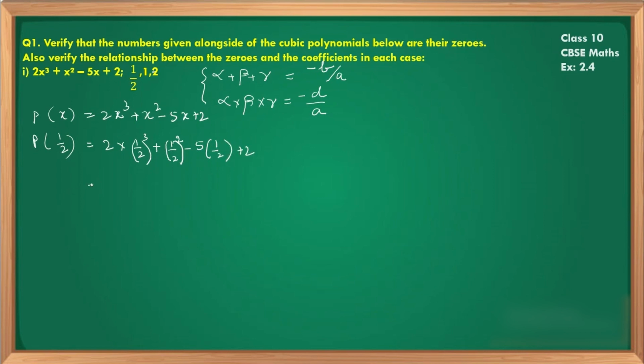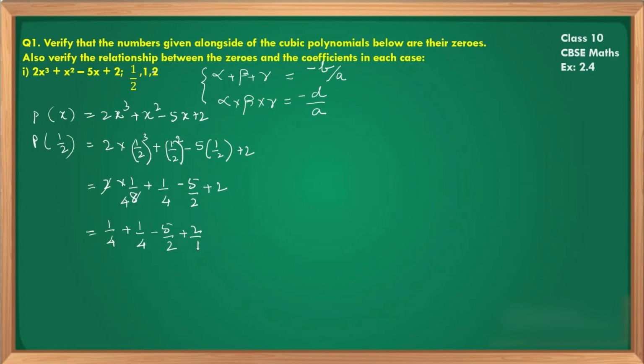When we open the brackets, it becomes 2 into 1 by 8, since 2 cube is 8, plus 1 by 4 minus 5 by 2 plus 2. Now this gets cancelled 4 times. Now we are left with 1 by 4 plus 1 by 4 minus 5 by 2 plus 2.